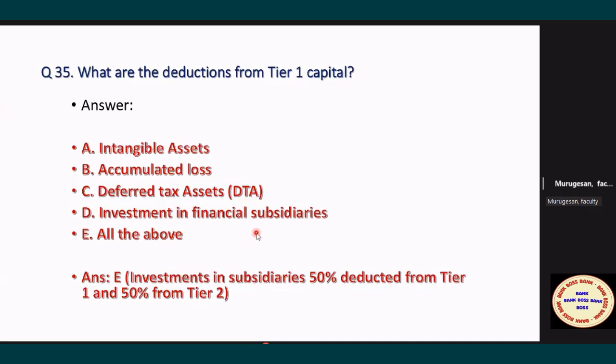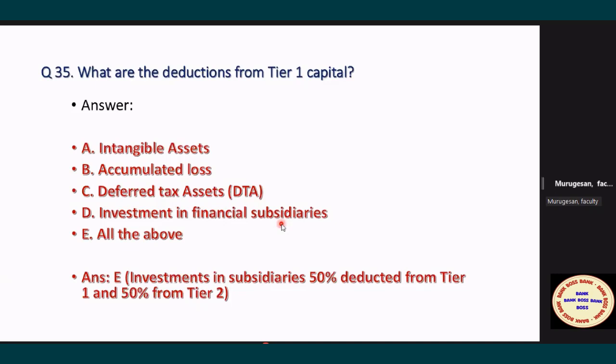Similarly, they don't encourage investing in financial subsidiaries. To the extent you invest, the money is going from your end, and ultimately the subsidiaries may suffer a loss. That will affect the functioning of the parent office. For example, Canara Bank, State Bank of India, so many banks have subsidiaries.